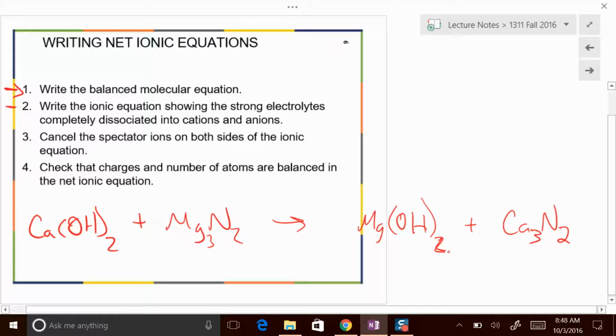There we go. That's how you have to write it. Otherwise, it's wrong. You have to be able to write them correctly. Okay? So this goes back to being able to identify the chemical formulas of these ionic compounds, because you have to write them in the correct ratios as the products.